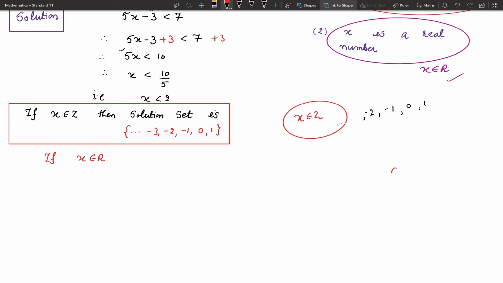The hollow circle denotes that we have to omit 2, since x less than 2. If we want to include 2, then we denote it by a dark circle, which means we are taking 2. Here the hollow circle indicates that we are omitting 2.